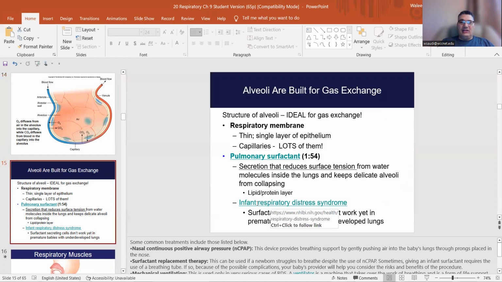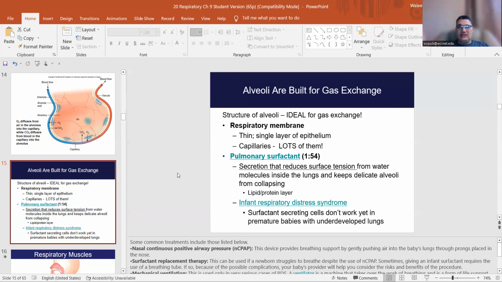And this is what we call infant respiratory distress syndrome. If you ever heard about this, you don't have to know it. Just in case you're interested to know, out of curiosity, they don't have enough surfactant. So these alveoli collapse. They do not do exchange. They don't get rid of the carbon dioxide enough. They don't get enough oxygen. They get this distress that if it's not taken care of, they can actually die.